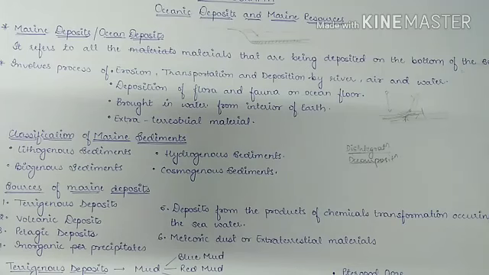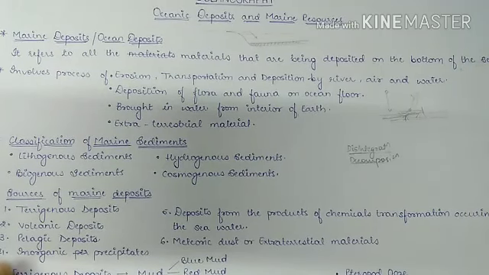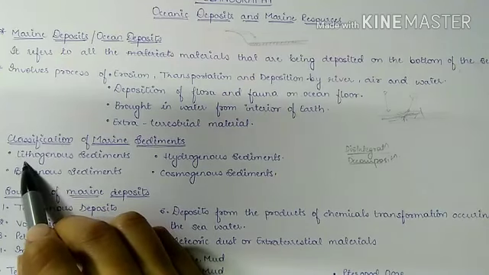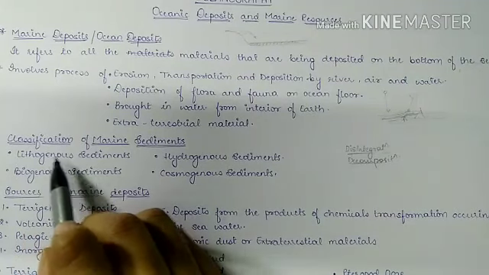Some of them are carried away by water or rivers to the ocean, and in the ocean they are either in dissolved or non-dissolved form. These are known as lithogenous sediments.